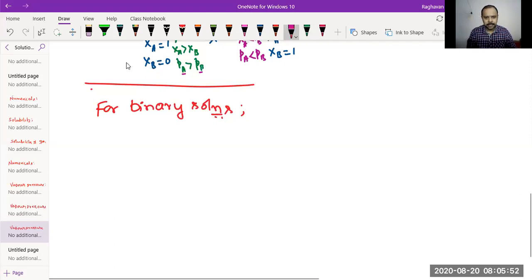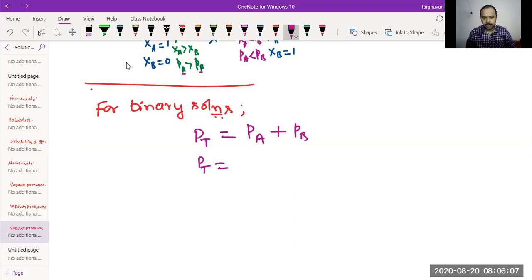PT, the total pressure, is equal to the vapor pressure of both the components, P1 plus P2 or PA plus PB. Similarly, when you apply Raoult's law, the vapor pressure of each component is directly proportional to its mole fraction in the solution.